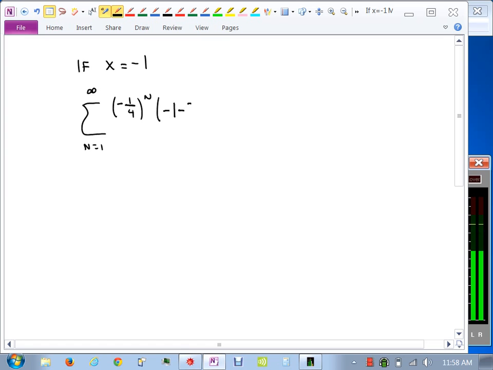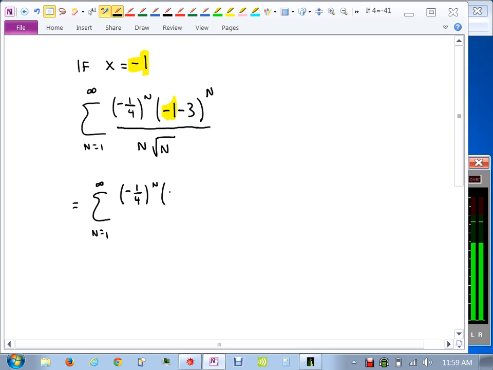So there's a -1 minus 3 to the n all over n root n. Does everyone see I've replaced the x in the power series with -1? That means I don't have an x anymore. Let's see what happens here. This is n equals 1 to infinity. We have -1/4 to the n, but then -1 minus 3 is what?